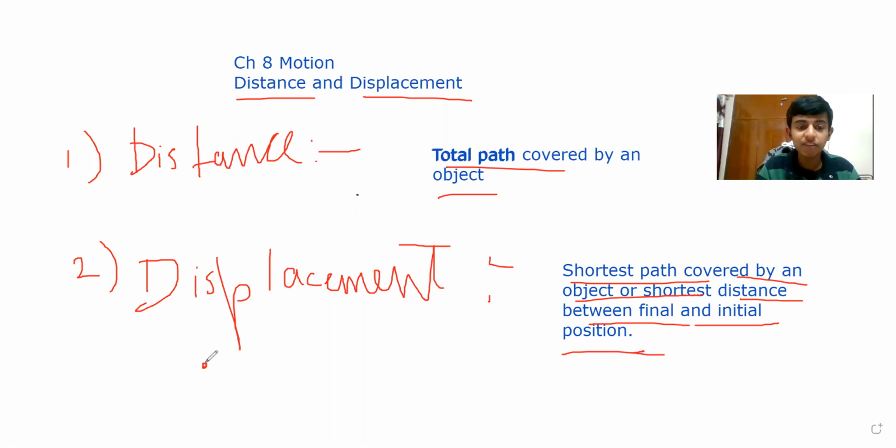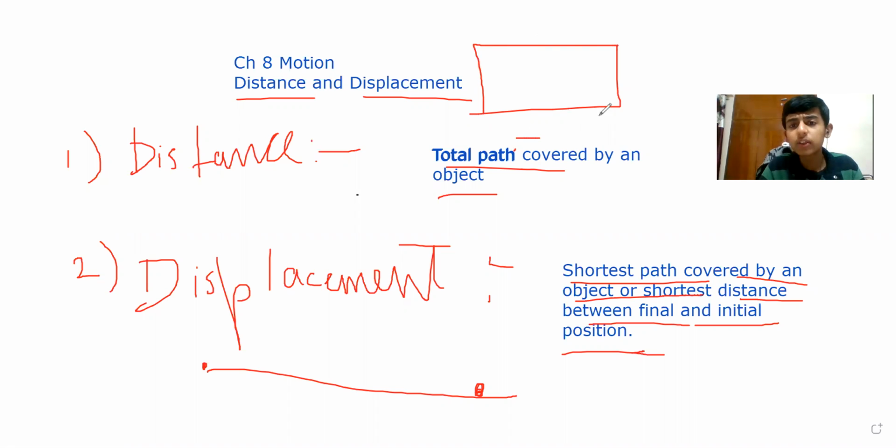That means suppose this is the final position and this is the initial position. So it is the shortest path, right? Distance is the total path, like here to here, then here. All of this is going to be the distance, whereas displacement is going to be the shortest path between the final and initial position. I hope distance and displacement are clear now.